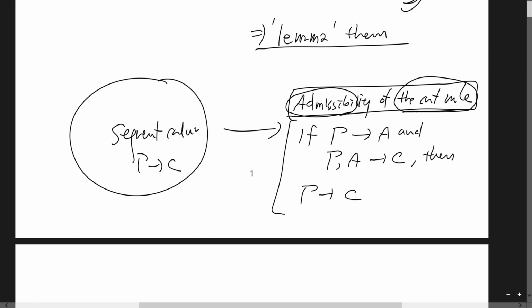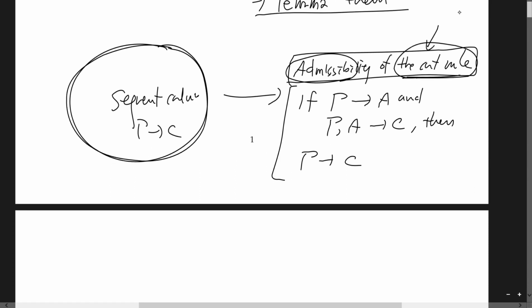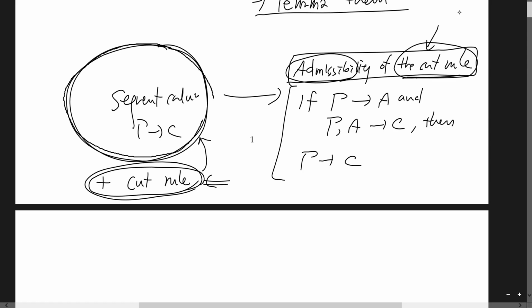What that means is that even adding this cut rule to the system, so this is the original sequent calculus, and we are going to add another rule called the cut rule, but this rule is admissible. So adding this cut rule does not actually increase the expressive power of this sequent calculus.